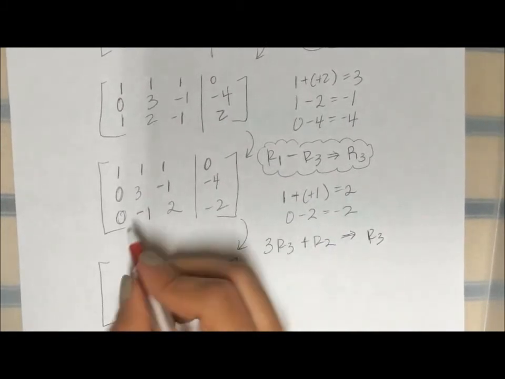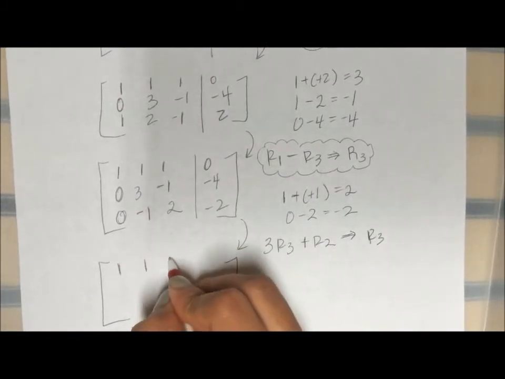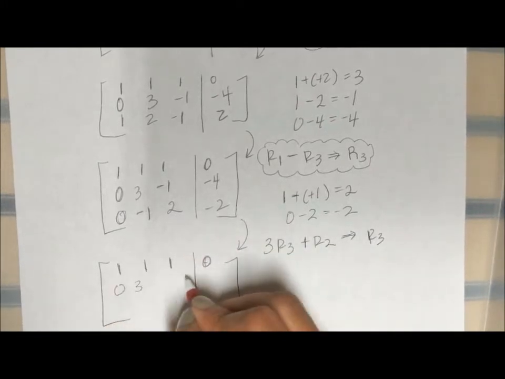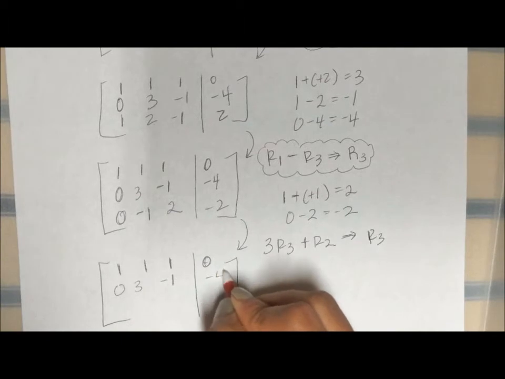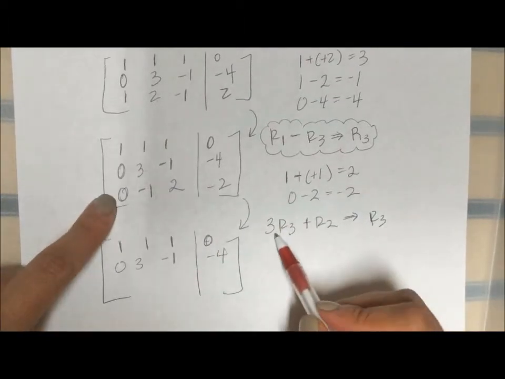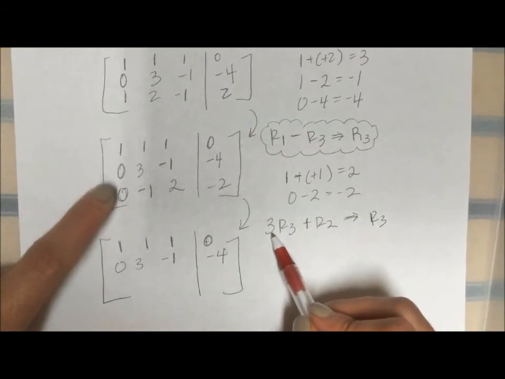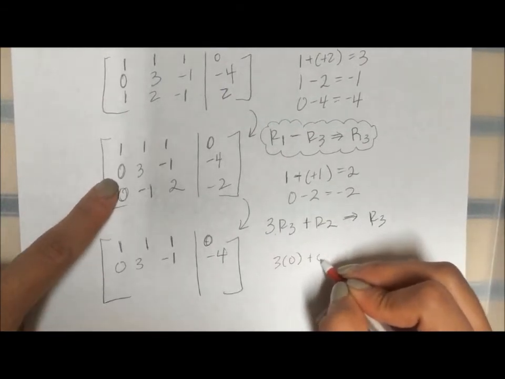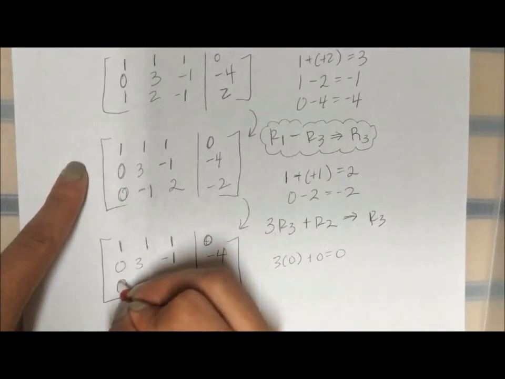So, fix what I know. Row 1 is going to stay the same. Row 2 is going to stay the same. So now I'm looking at row 3. So 3 times 0 is 0. Plus 0 gives me 0. So this is good. This is 0.